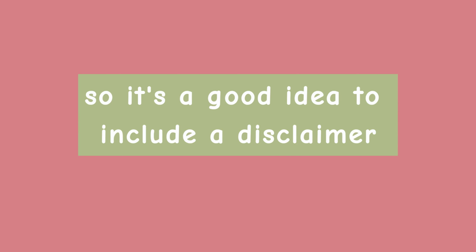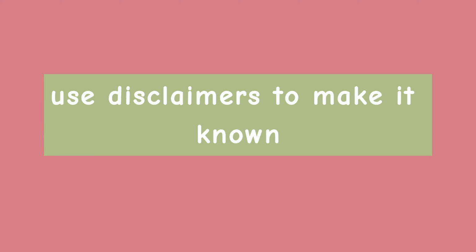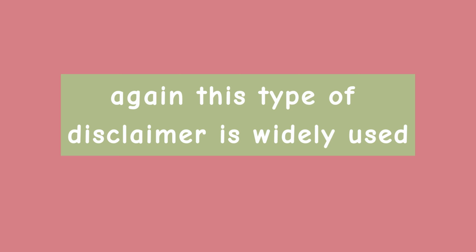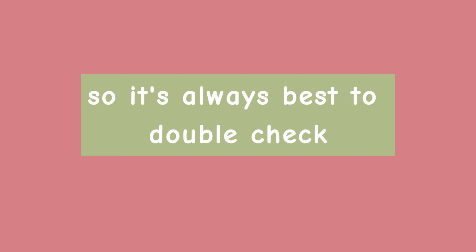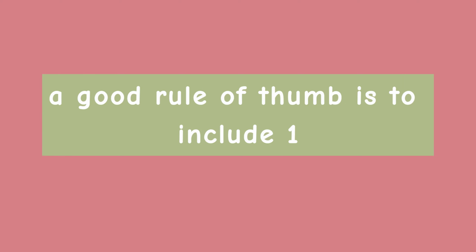So, it's a good idea to include a disclaimer in which you free yourself of such responsibility. Also, writers and publishers use disclaimers to make it known that the information they provide is for entertainment purposes only. Again, this type of disclaimer is widely used in areas that may constitute a risk for the publisher. So it's always best to double-check if you need to include such disclaimers. A good rule of thumb is to include one whether you need it or not.